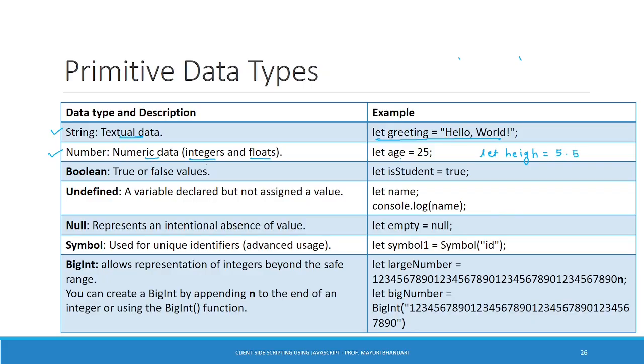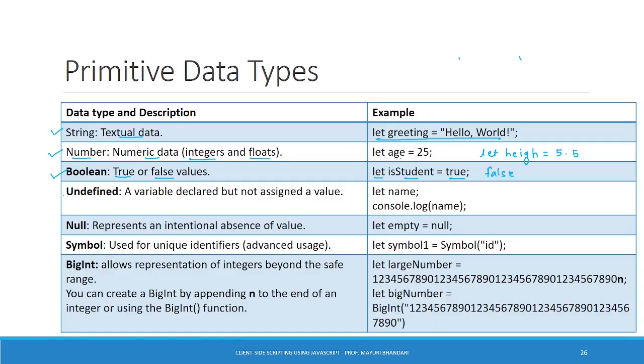So there is no separation between integer and floats in JavaScript. It is all number. Then next data type is boolean. It contains true or false values. So you can define it like let isStudent equal true. So true, T small, and false, F small. These are the boolean values.